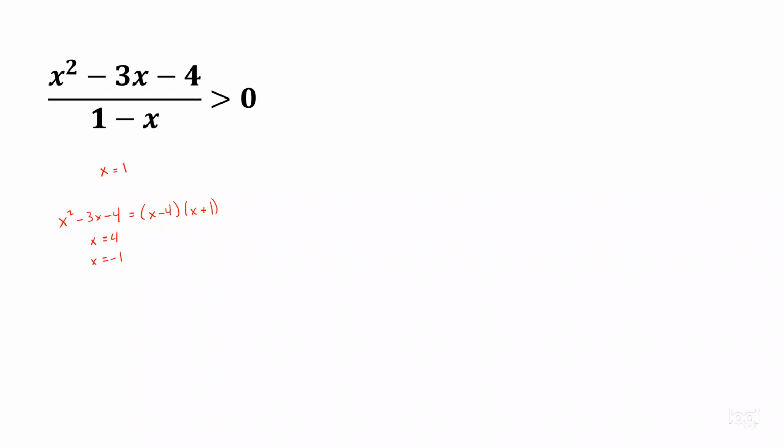So what we do is we draw a number line, and we're going to plot each of these points: negative 1, 1, and 4 on our number line. And we want to answer the question, what is the sign of f of x in each region?